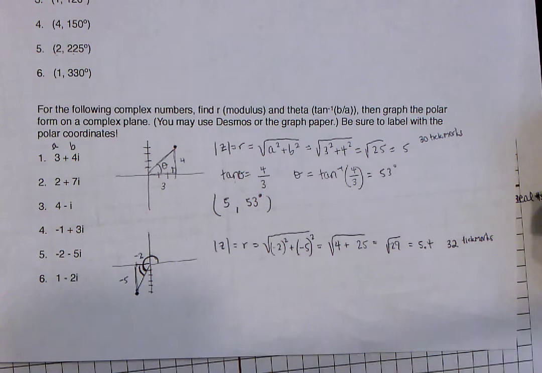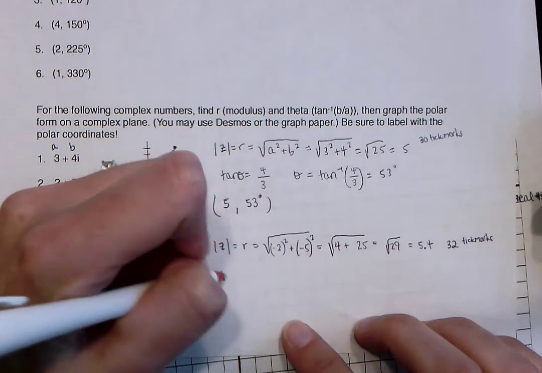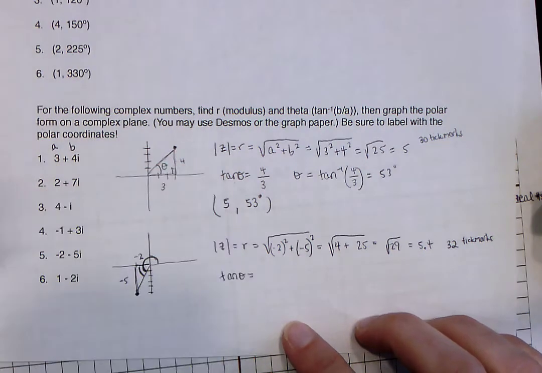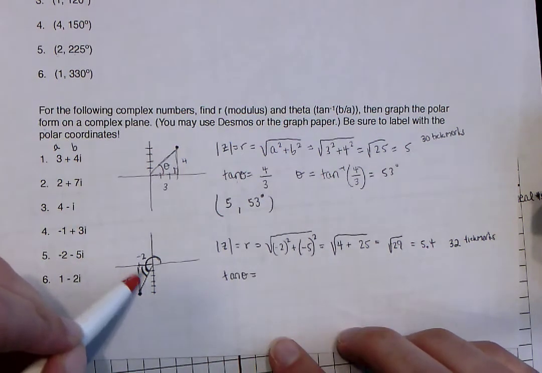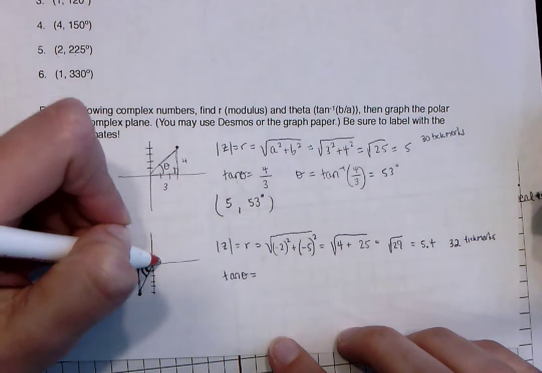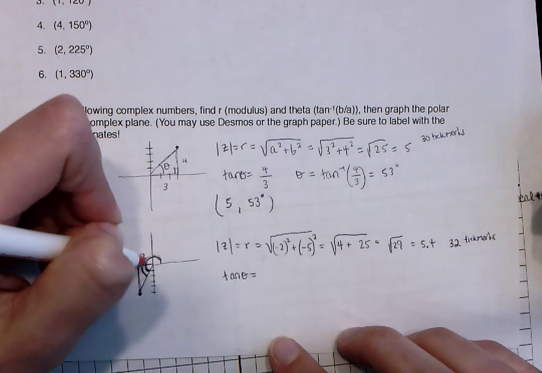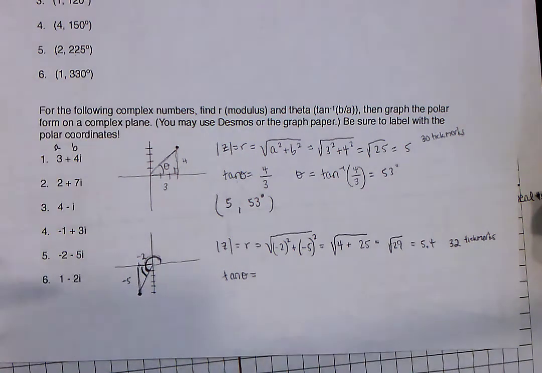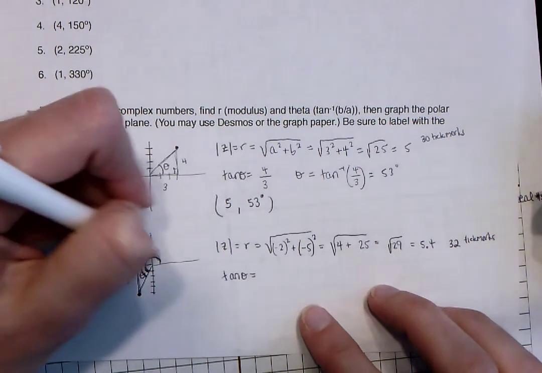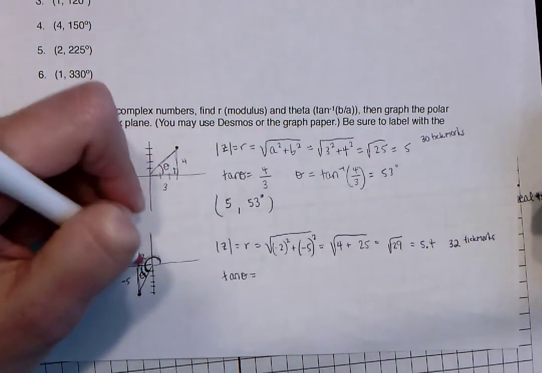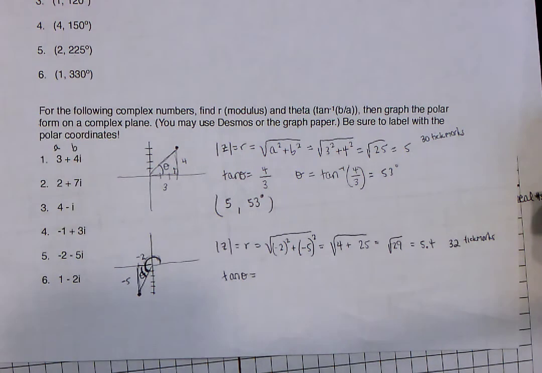And now I'm going to have to find theta as well. So tangent, we're going to start doing tangent of theta. And again, this is really the theta I'm talking about, but we're looking for this angle out here, okay? So this little angle here is theta, and then we can call this something else. The angle we're looking for, maybe we can call it beta or something like that.